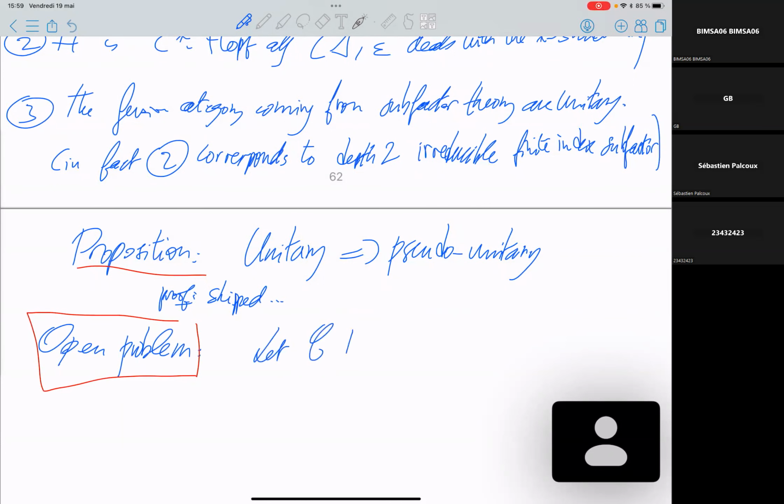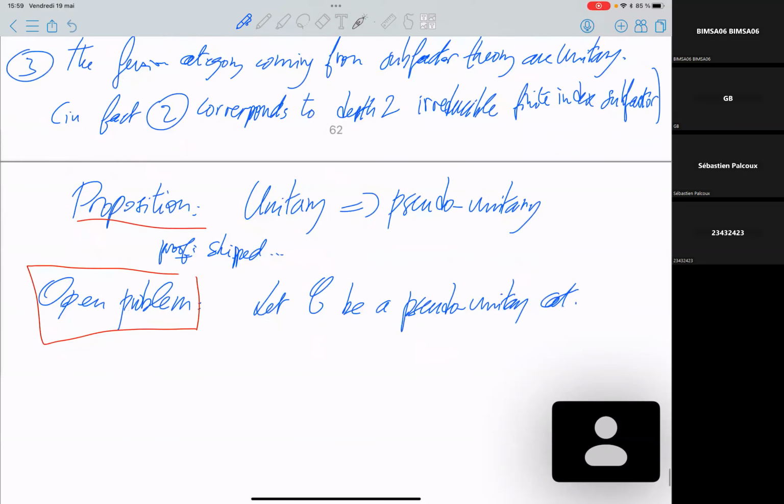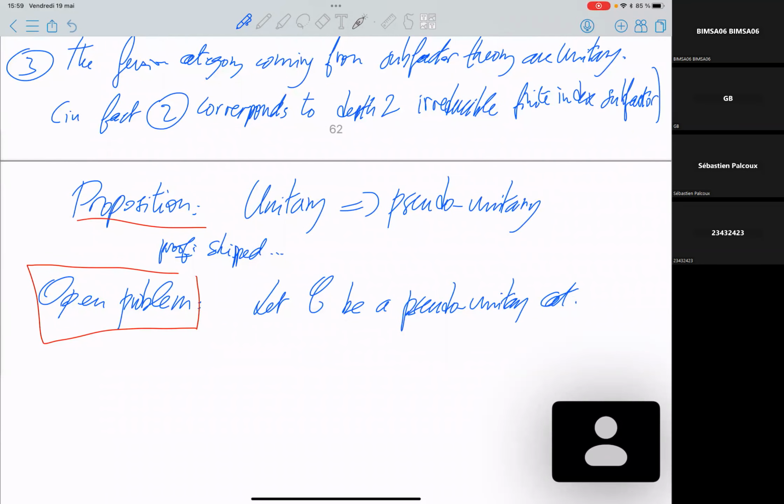So let C be a pseudo-unitary category. Is there a unitary structure on C?